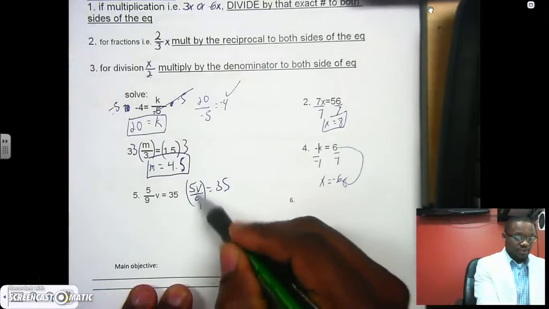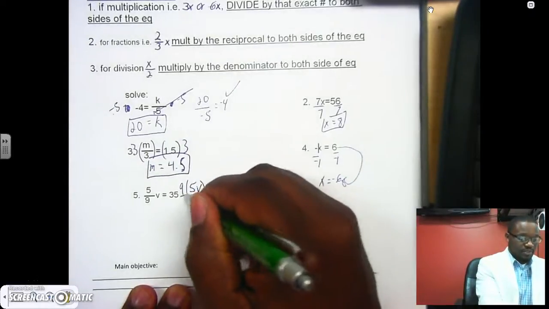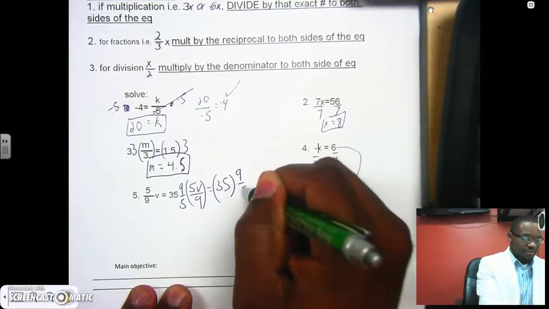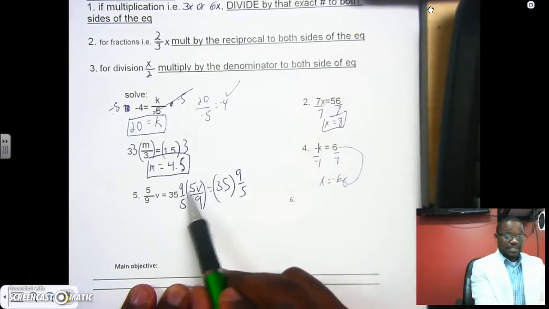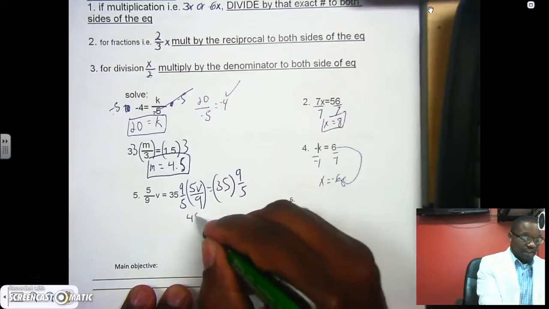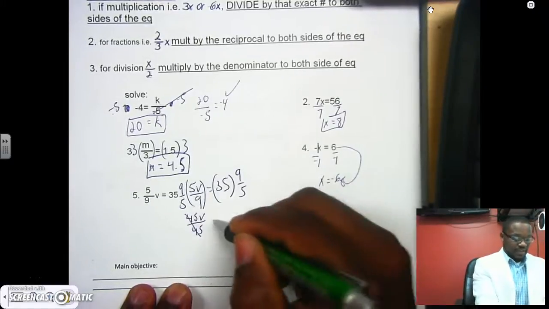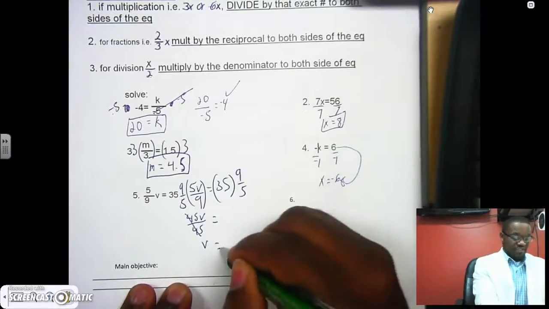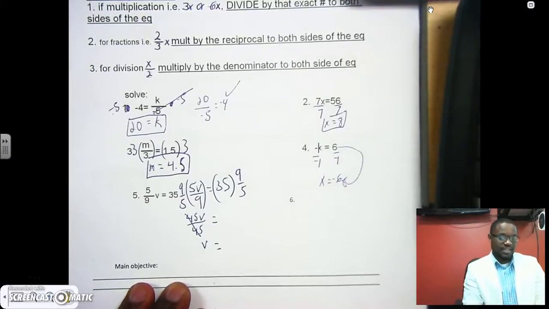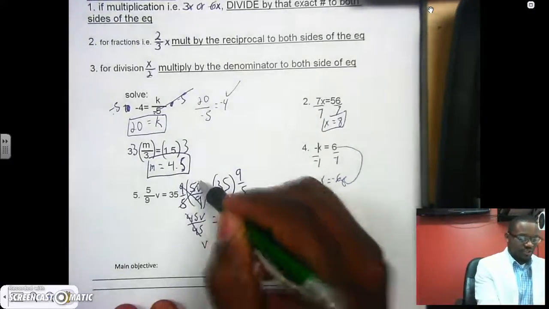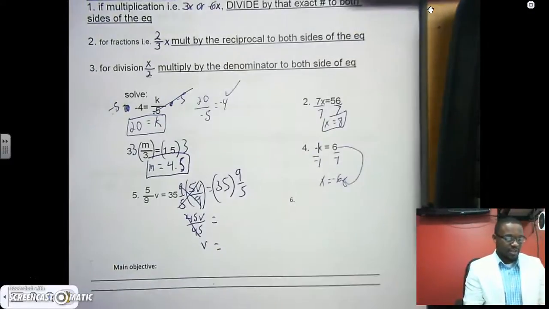So the reciprocal is 9/5, and I multiply both sides by 9/5. You get 45v over 45, which cancels out, so you only have v left. You don't really have to show that, but it's just a number divided by itself.